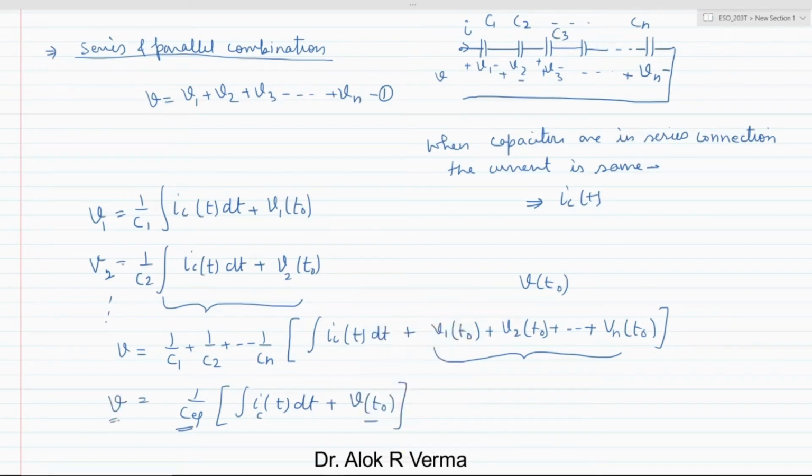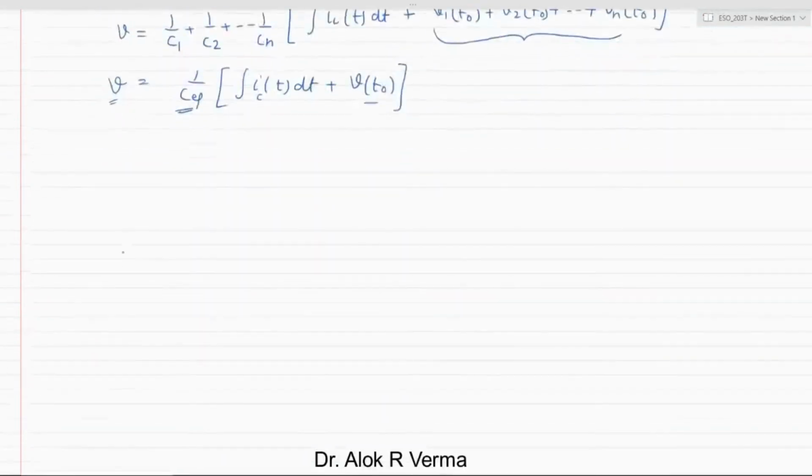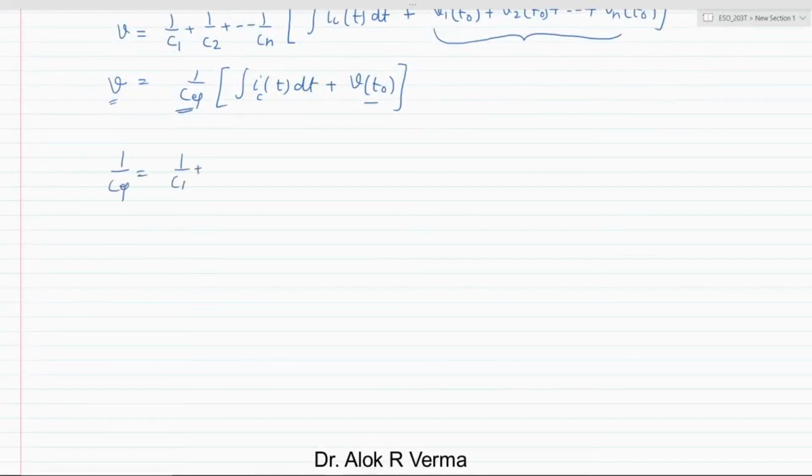Okay, so this is total voltage V. So here we can see that the equivalent capacitor when they are connected in series represents a single capacitor where V is the applied voltage, Vt0 is the initial charge condition and IC is the current. So this is the equivalent circuit. Corresponding to this equation we can write 1 by C equivalent is this.